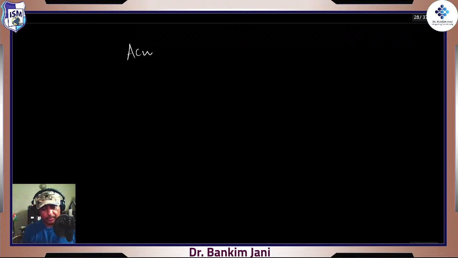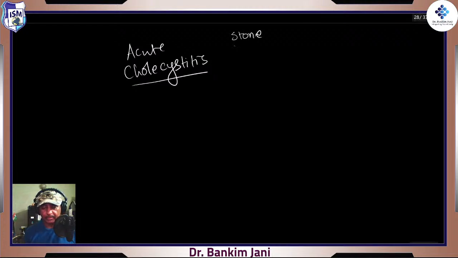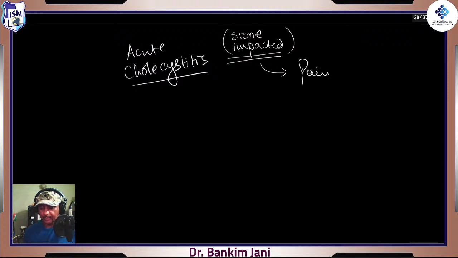So we talked about chronic cholecystitis. Acute cholecystitis happens when the stone is impacted, right? Let's say in Hartmann's pouch, and it is constantly increasing in size. Now that will lead to pain in the right upper quadrant.